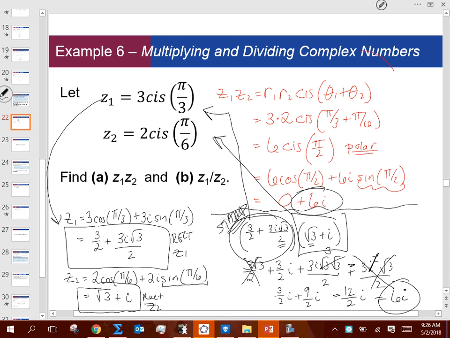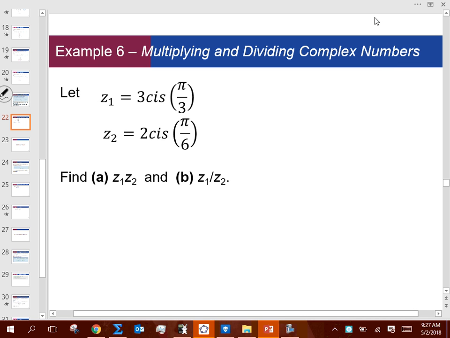The polar form of multiplying, dividing these things is intended to be an efficient process. Okay, and much more efficient than our foiling. If I want to do z1 divided by z2, I take my r1 divided by my r2, so it gives me 3/2.